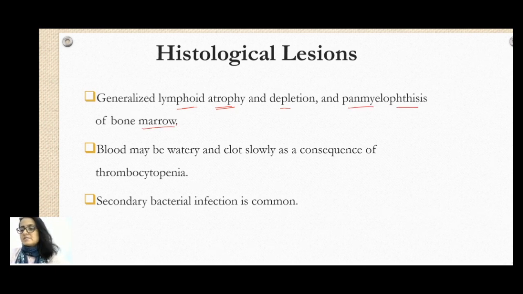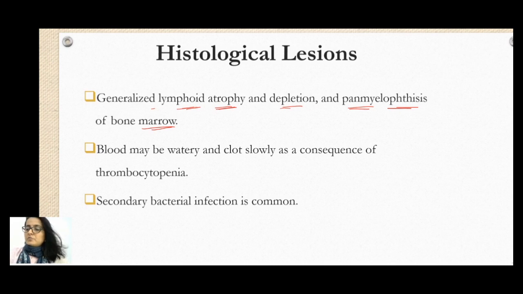Panmyelopathy of the bone marrow means those cells produced by the bone marrow are atrophied. So: generalized lymphoid atrophy, depletion, and panmyelopathy of the bone marrow.